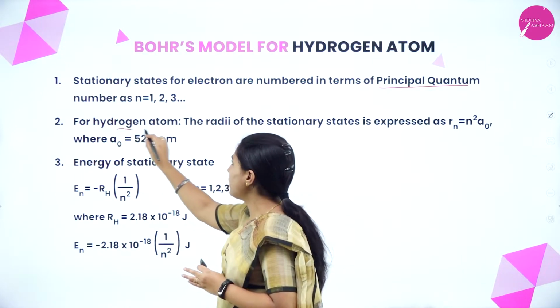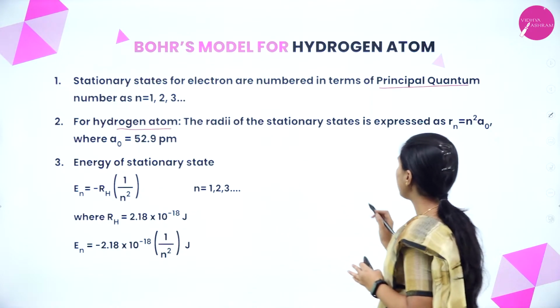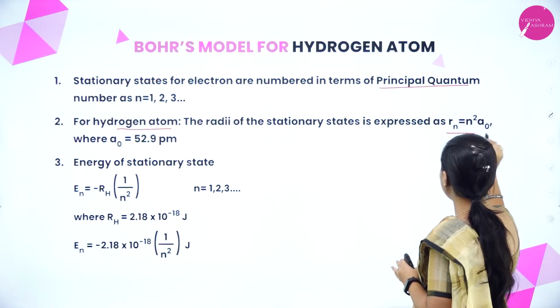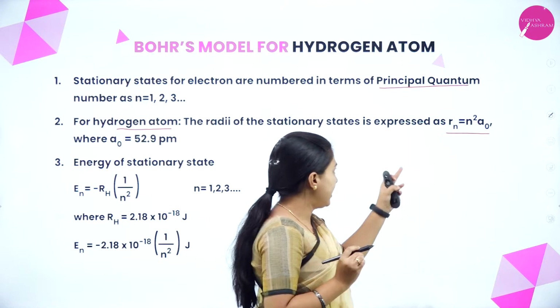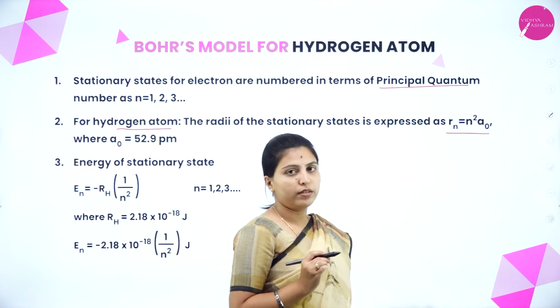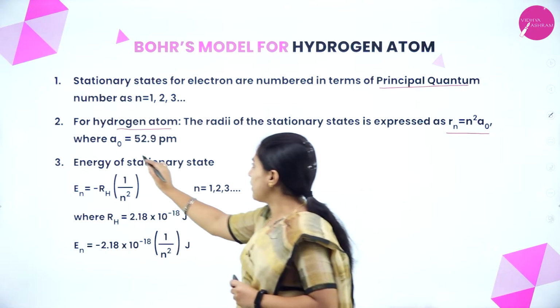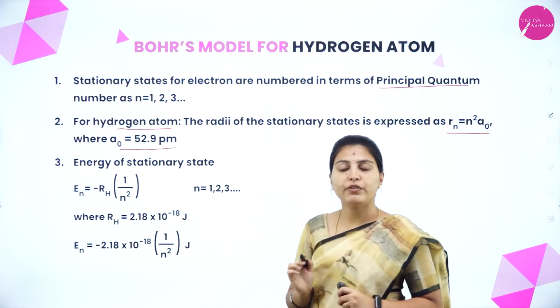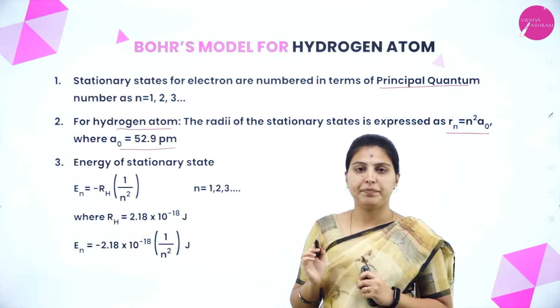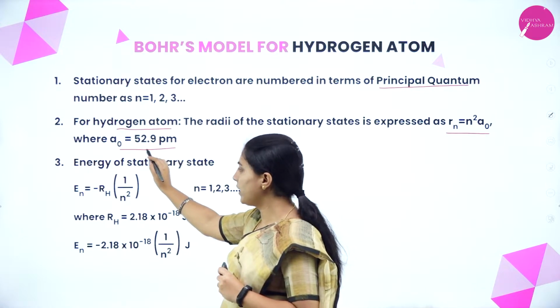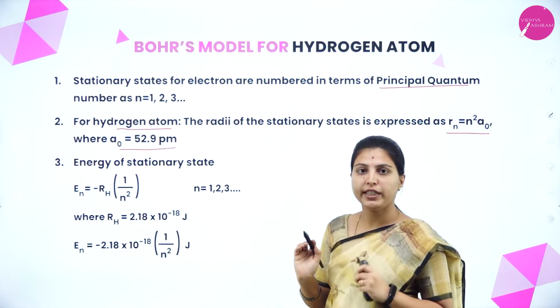Next, for the hydrogen atom, the radii of the stationary states is expressed as Rn equals n square into a naught. a naught is a constant, that is 52.9 pm. For the hydrogen atom, it has this much, 52.9.